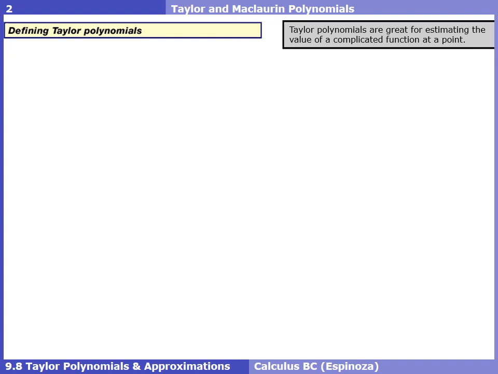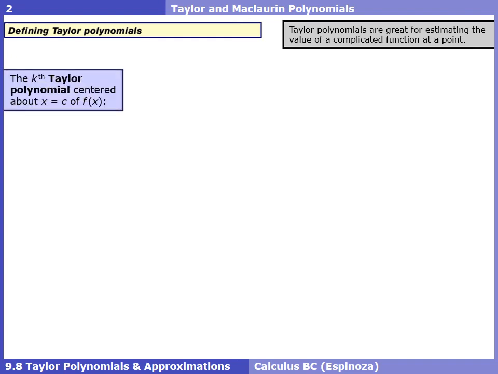The example we can use is sine of 4. We can use a Taylor polynomial to approximate sine of x and then plug in 4 into that polynomial instead of the sine function. Okay, so let's try not to get lost in this new notation for this Taylor polynomial, but here we go.